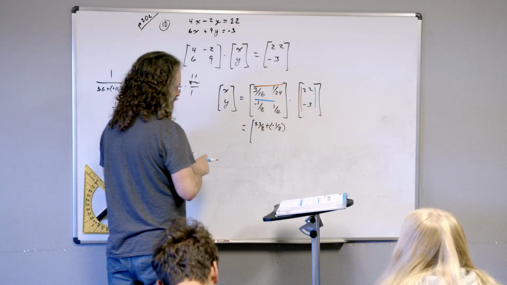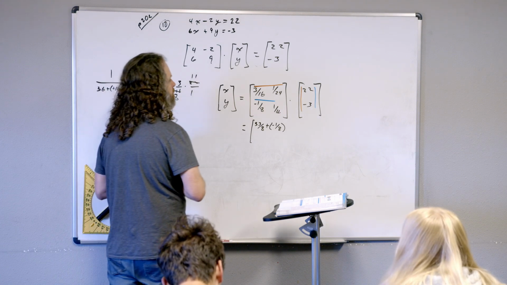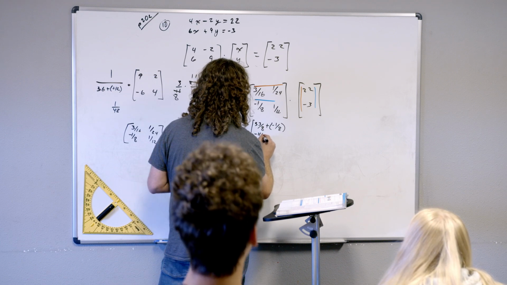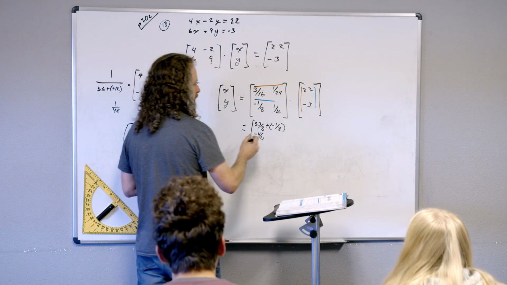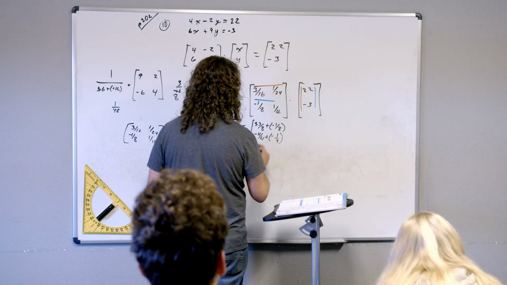-1/8 times 22 is what? Negative what? 11 fourths. True facts. Good job. -11 fourths. Plus -1/4. I agree.